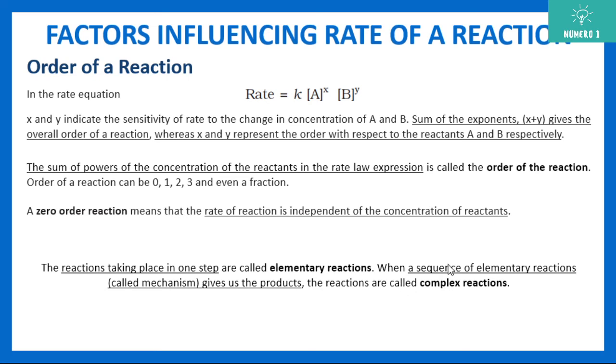Such a reaction, the overall reaction, is a complex reaction. So an elementary reaction is one which gives you the product in one step. Complex reactions are the ones which give you the product after 3-4 steps. It can be more also, but just to give you an example, more than one step is a complex reaction.